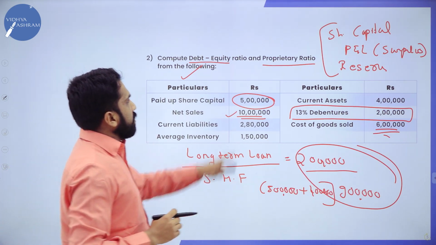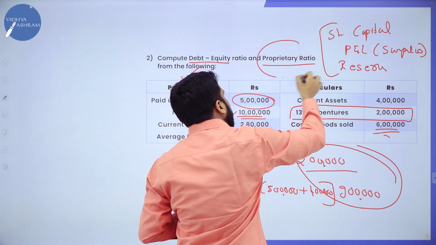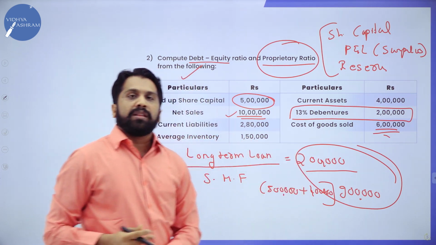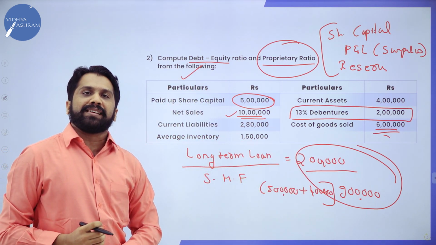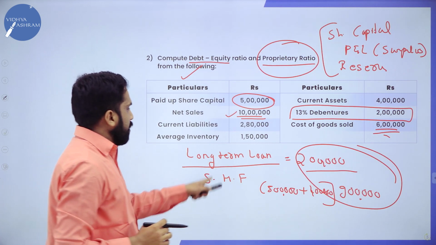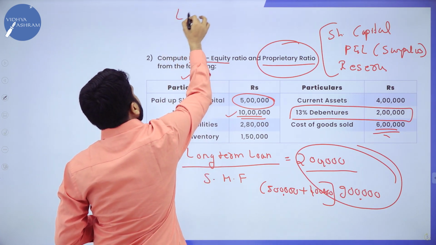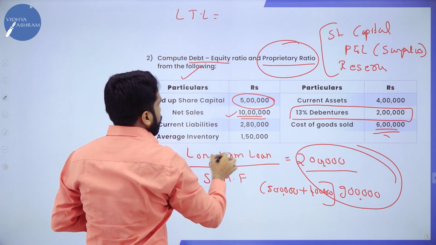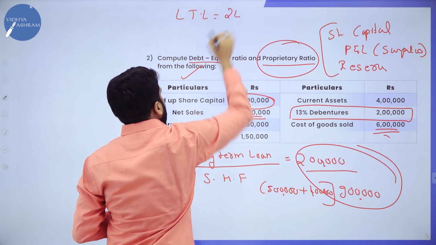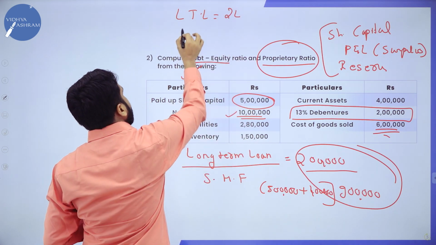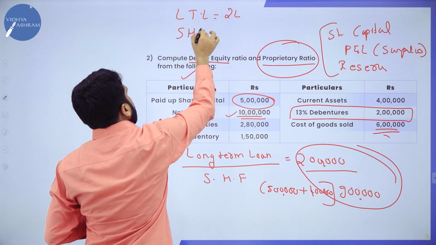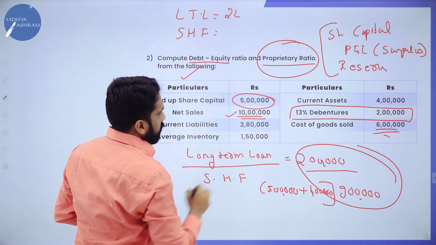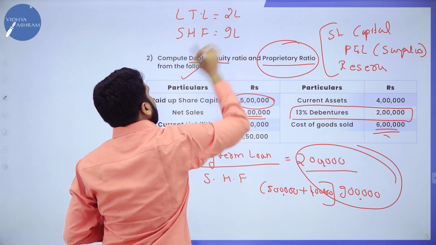No. Now, the second one will be proprietary ratio. What is the formula for proprietary ratio? Now, you got long-term loan of 2 lakh and shareholders fund of 9 lakh.